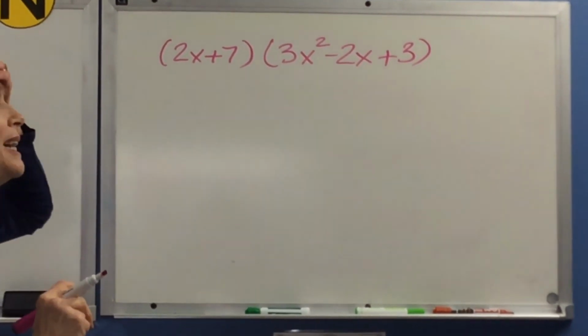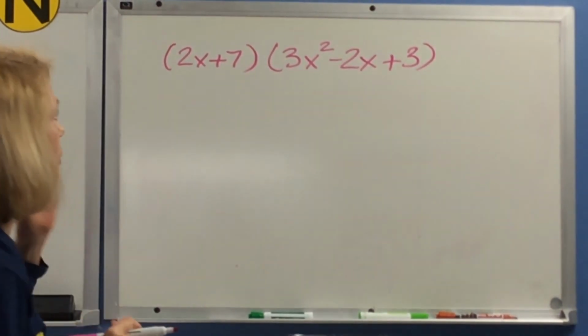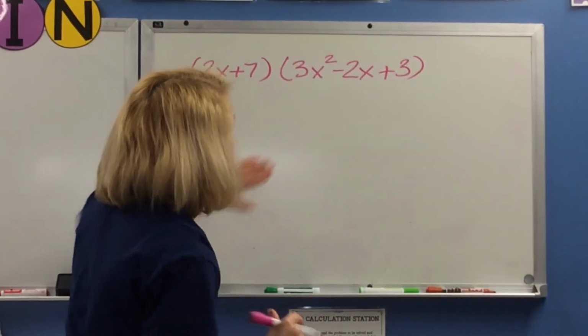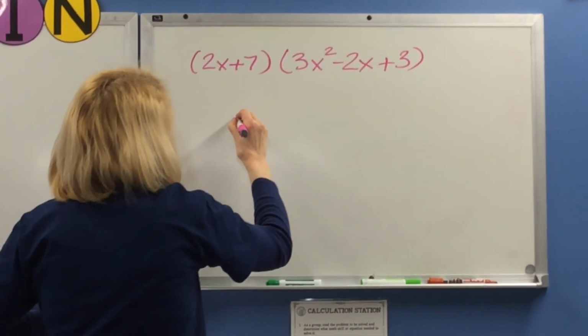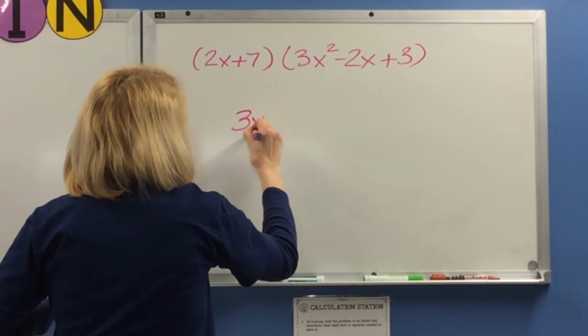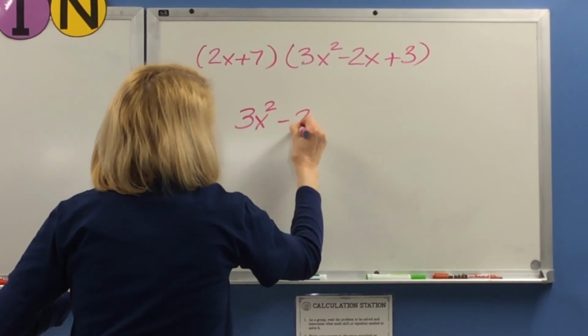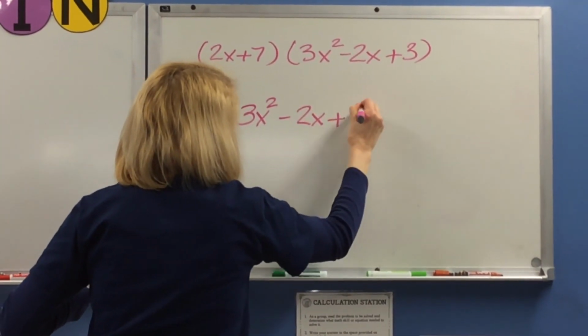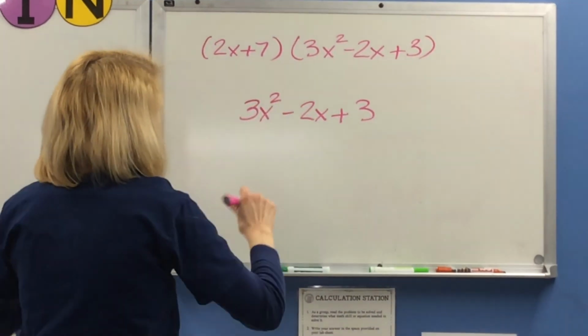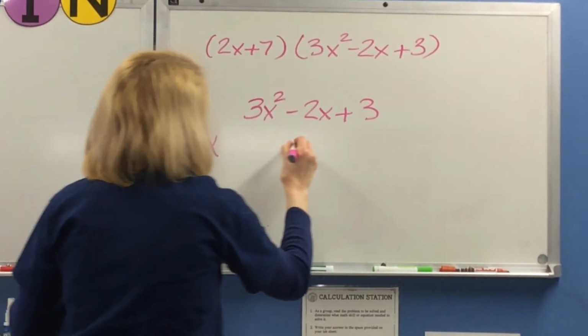And you're going to set it up like you would a multiplication problem. So put your biggest one first, just like you do when you multiply. Put the big one on top. And then put your smaller one on the bottom, and we're multiplying.